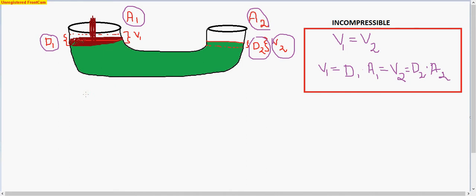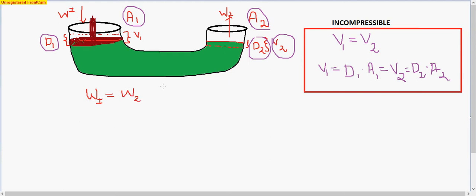Now another equation. We know that the work done over here, suppose a work W1 is done over here, will always be equal to a work W2 over here, right?